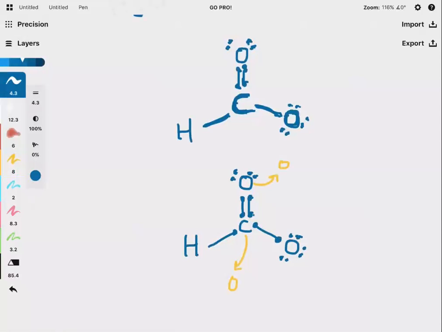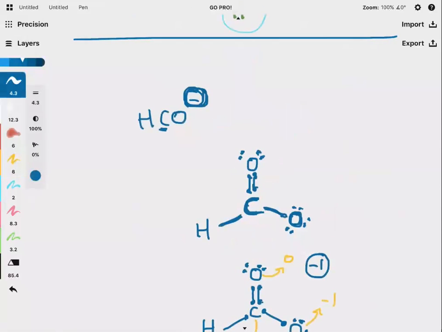It has 7 electrons in its valence shell. So that is a -1. So this molecule overall has a -1 charge. And that's what we said it needed to have. Right? -1. So the way we drew it was accurate.